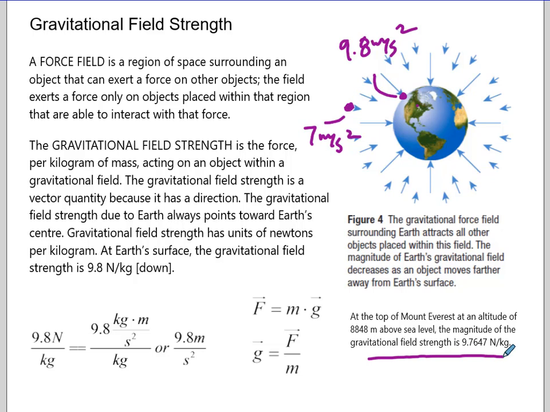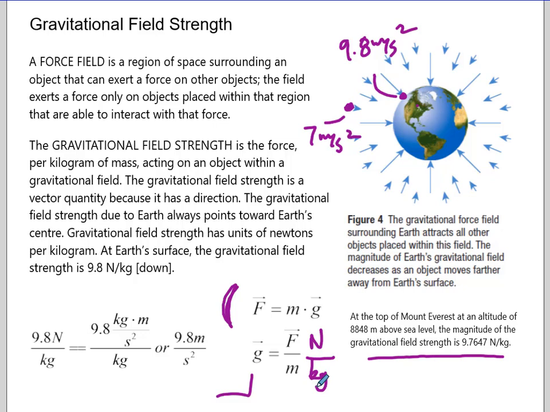To represent this field strength, you can take your original F equals mg equation. If you rearrange it so that g is on its own, you end up with force over mass, which is newtons per kilogram. That's how we would measure the field strength.